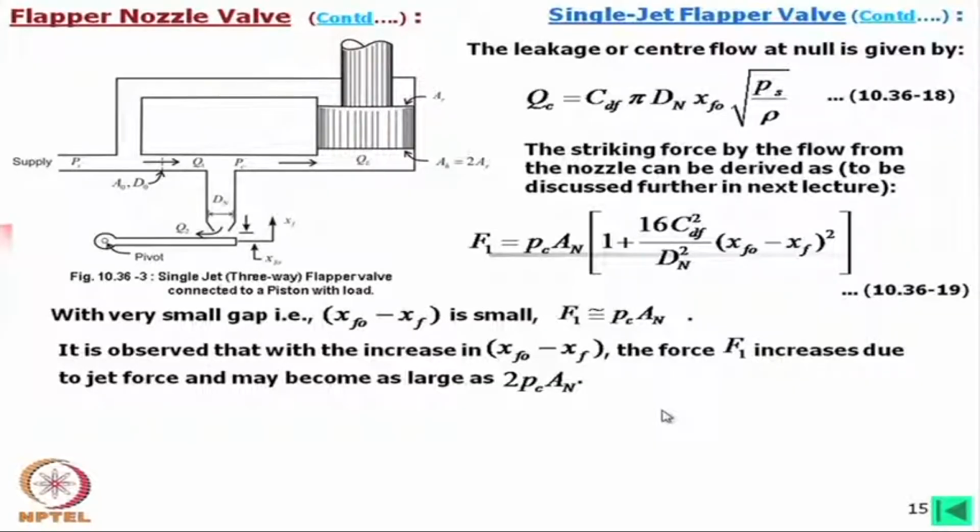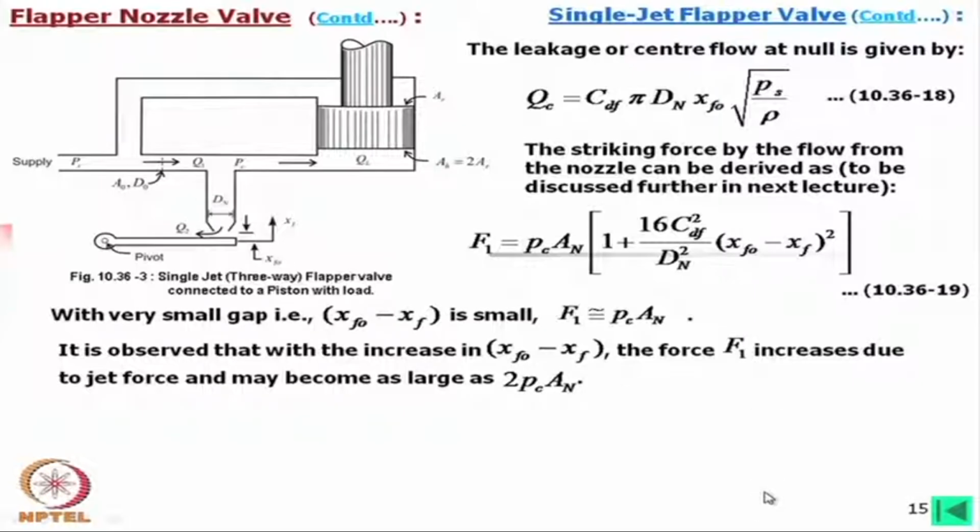It is observed that with the increase in XF0 minus XF, that is that gap, the force F1 increases due to the jet force and may become as large as twice P c into A n. Now, look into this. Normally, if the gap is small, this force is P c into A n, whereas if this gap is increased, this force becomes double.